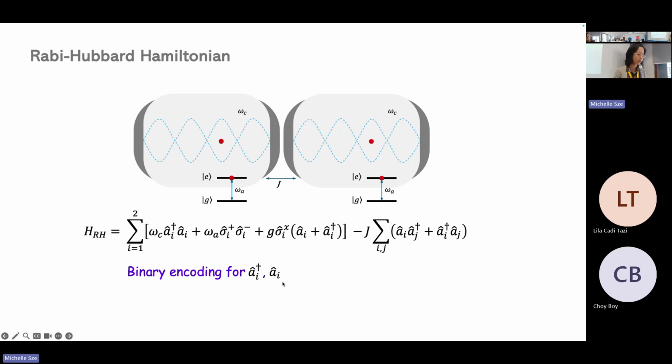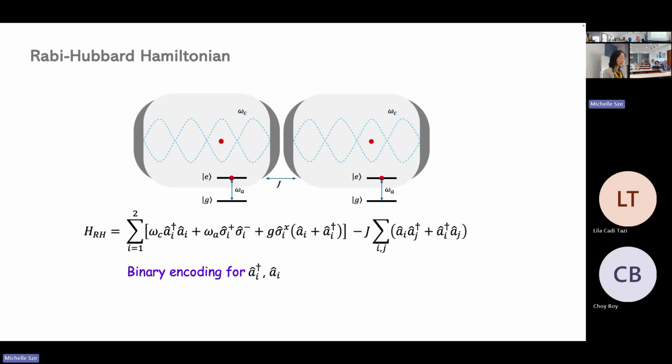But here we're only considering at most 2 photons in a cavity, so we put some cutoff to that. And for the bosonic number operators, we use the binary encoding. It's like fermions without any minus signs, because you can only have 1 or 2 of them in each.